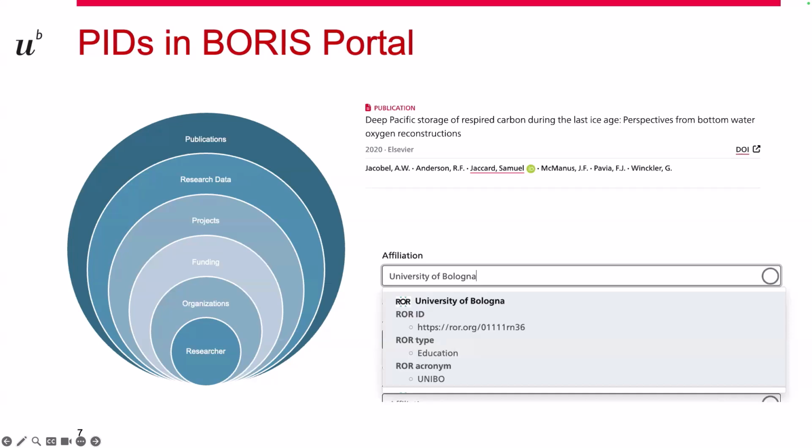The main challenge at the moment, the reason why it is that way, is how our repository is set up. It's quite customized for the university management needs, especially when it comes to how we have separate and different collection types like publications and research data and funding information and so on.